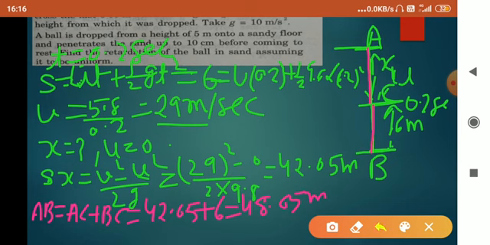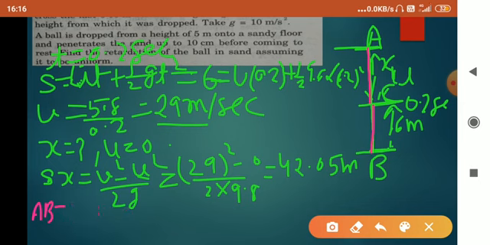Let's solve the next problem. A ball is dropped from a height of 5 meter onto a sandy floor and penetrates the sand up to 10 centimeter before coming to rest.